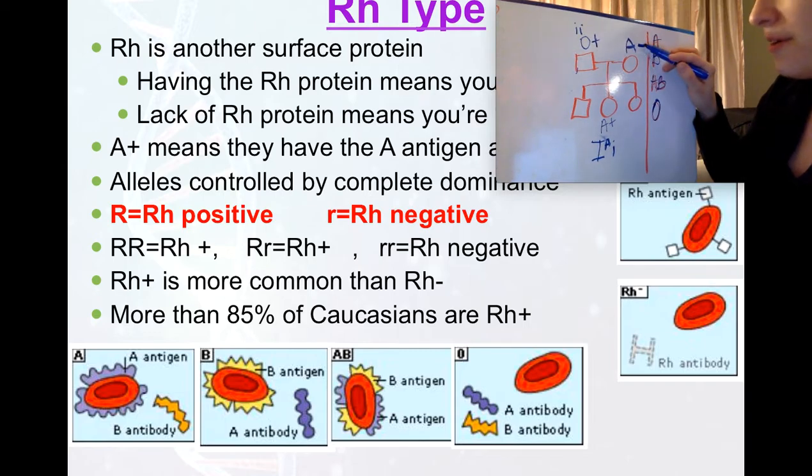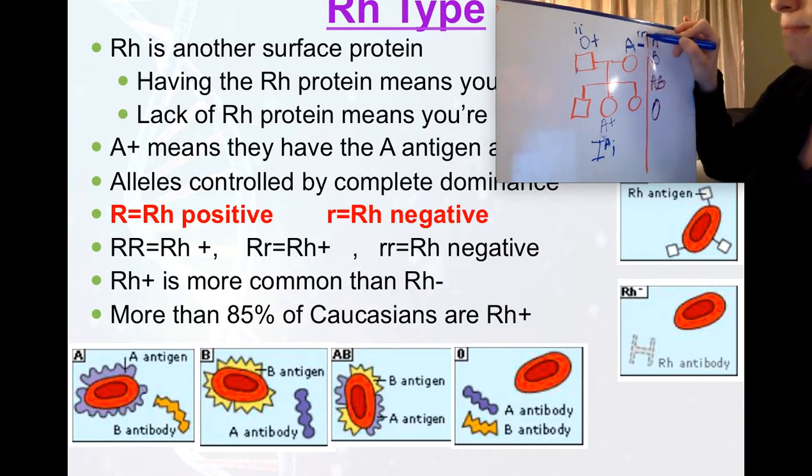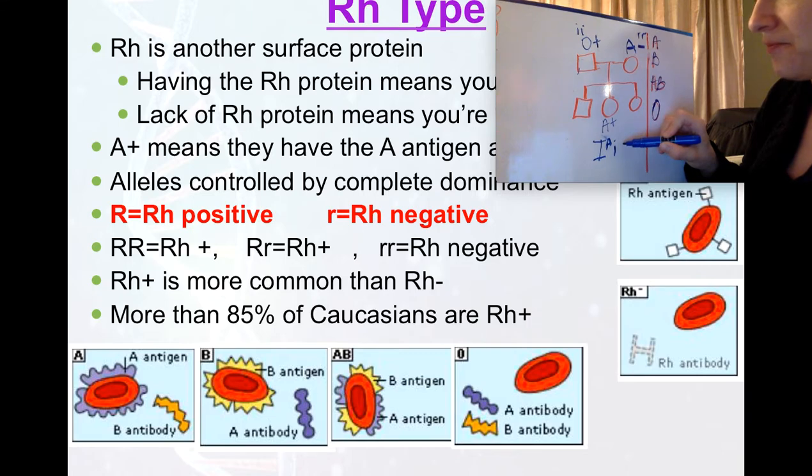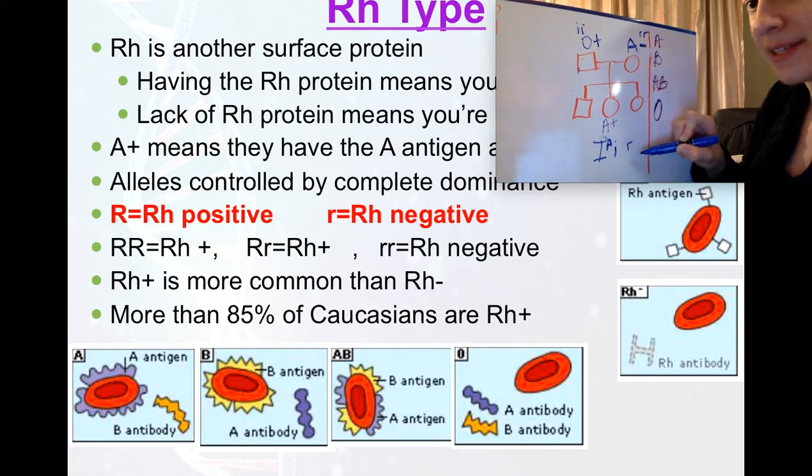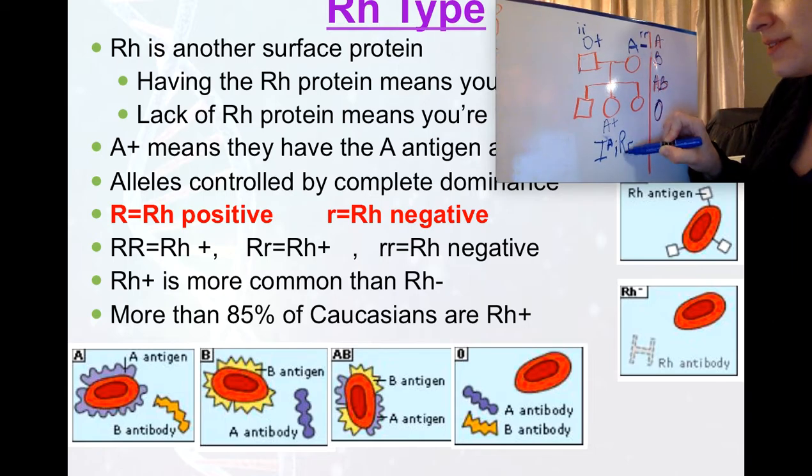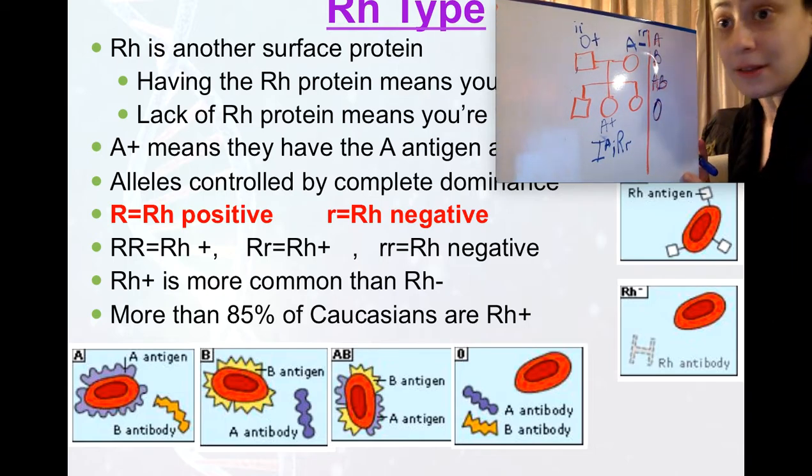The mother is recessive. She has 2 recessive alleles because she has RH factor negative. So here's the mother's RH factor, and the mom can only pass down that recessive allele. But at the same time, this daughter has blood type positive. So there's the dominant allele.